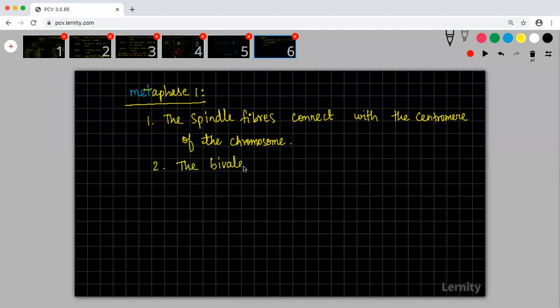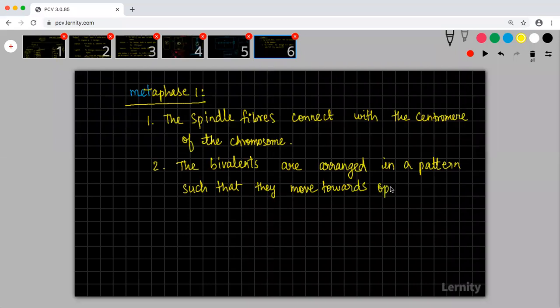The bivalents are arranged in a pattern such that they move towards opposite poles.